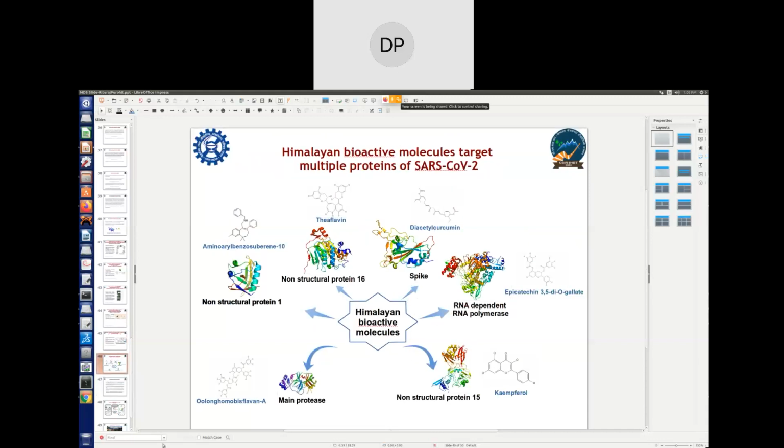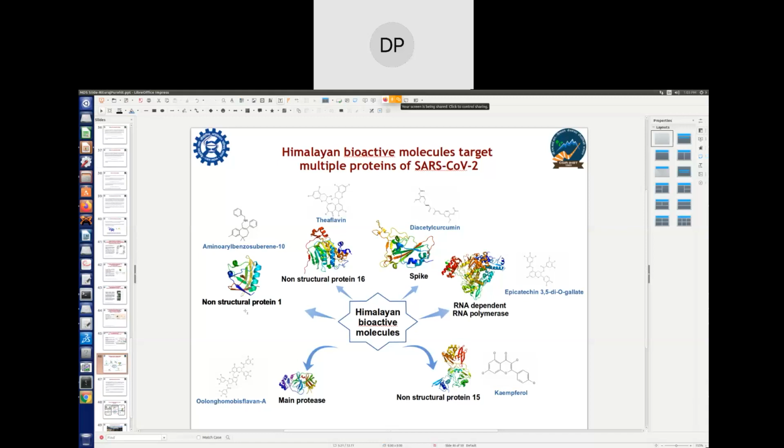Apart from this, in the COVID scenario, we screened almost 6 to 7 receptors of COVID, SARS-CoV-2, and we found bioactive molecules for each of them, and we published each of them in very reputed journals. In this all, we have done computational tasks, molecular dynamics simulation, MMPBSA, everything we have done in this.